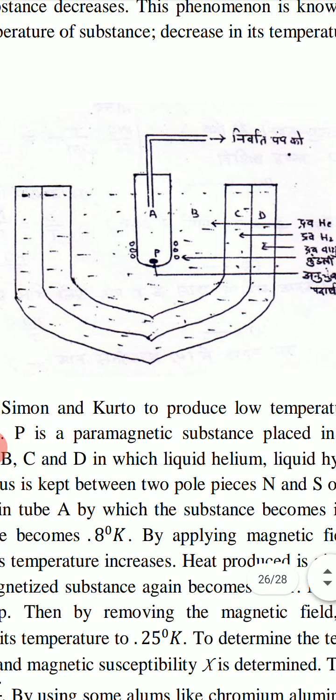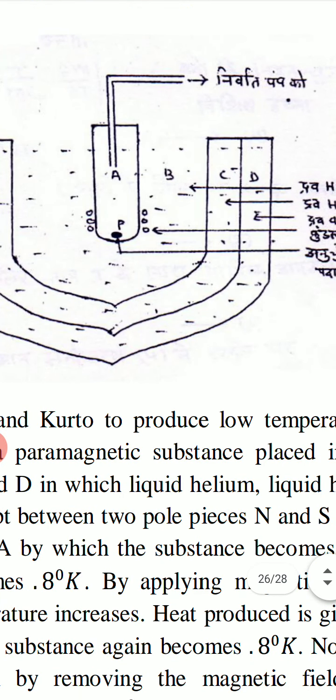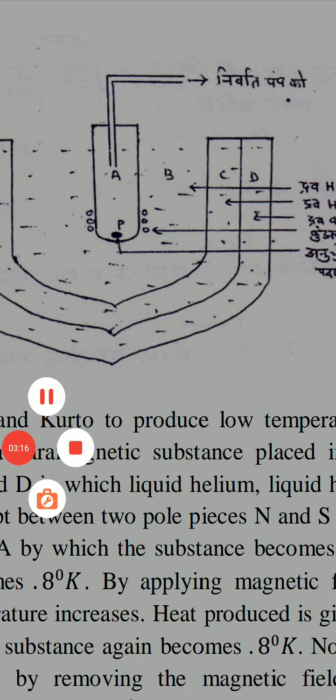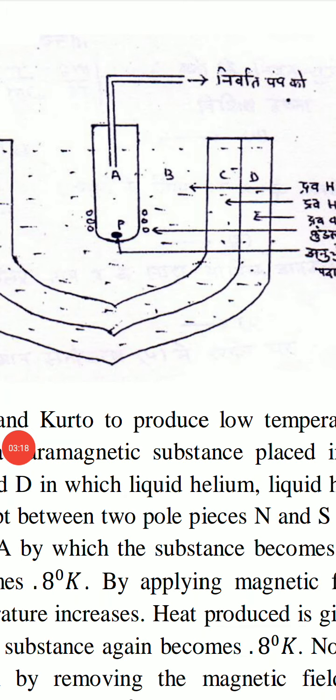In this figure, P is paramagnetic substance. This paramagnetic substance P is placed inside a glass tube A, and this glass tube A is placed inside Dewar flasks B, C and D.